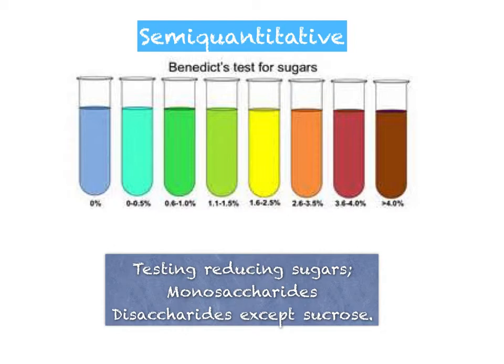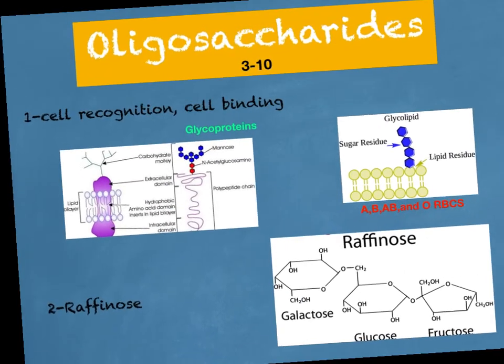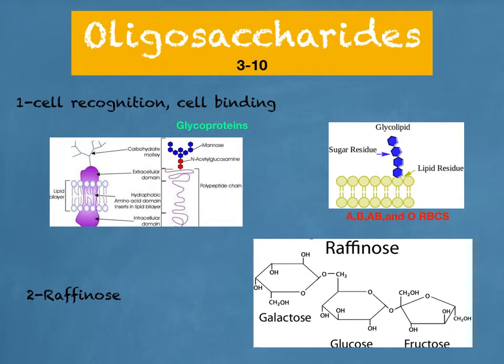So we start with monosaccharides and then disaccharides, and then if monosaccharides are combined in a number from 3 to 10, this is called oligosaccharides. Oligosaccharides have a very important function. The first function is cell recognition and cell binding.